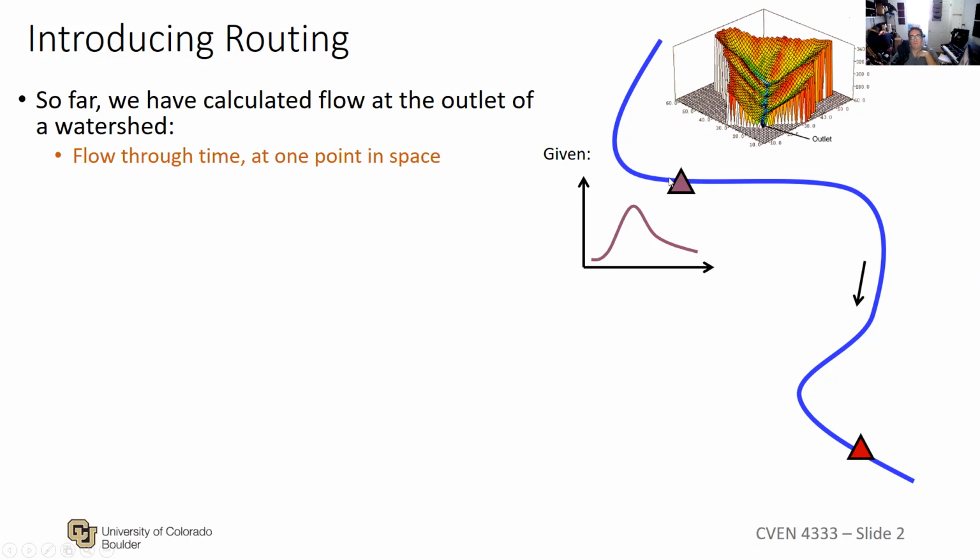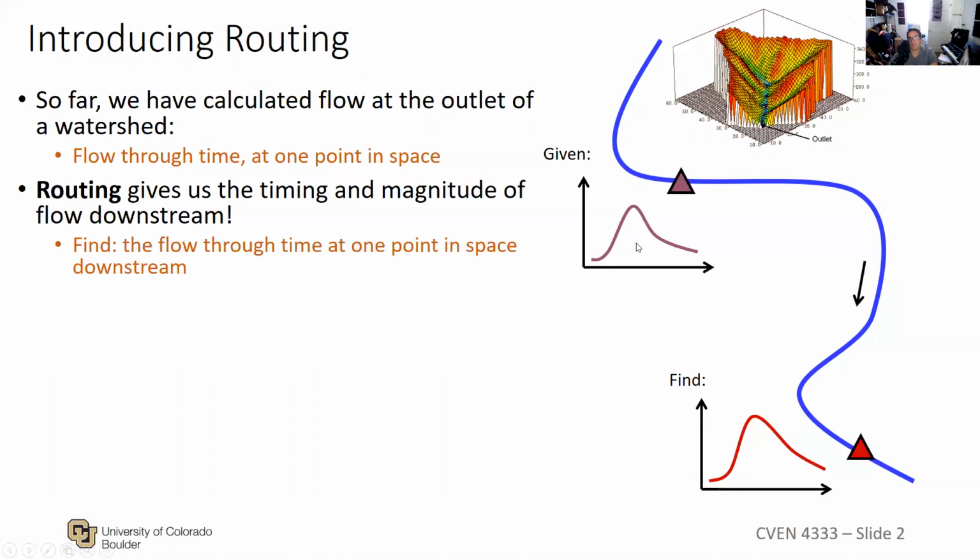But you can imagine that, for the purposes of flood forecasting and other issues on a river, you want to know how that wave of water is going to propagate down through the river to get to a point downstream. Specifically, in this problem, we're going to assume that we know the flow coming in, and then we use routing to give us the timing and the magnitude of the flow going downstream.